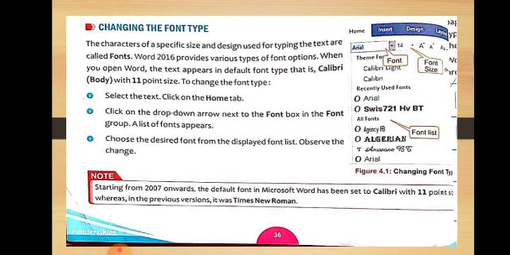For changing the font size, you can click on the font size drop down arrow in the font group, which is located on the Home tab, and select any font size which is displayed in the list. Now dear students, in previous versions the default font was Times New Roman, but in this Microsoft Word it has been set to Calibri with 11 point size.